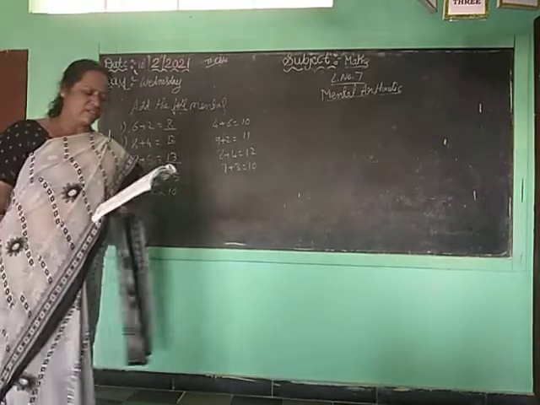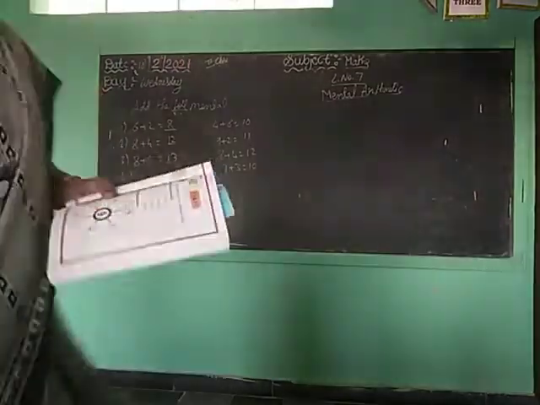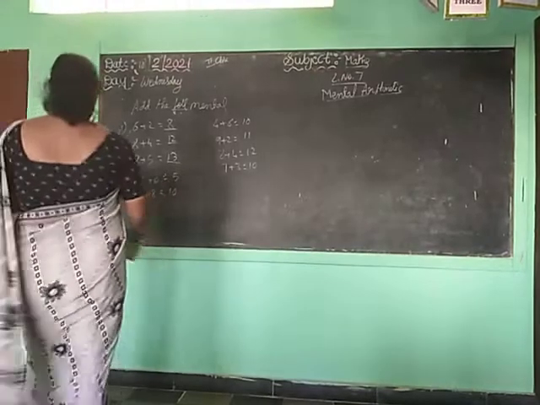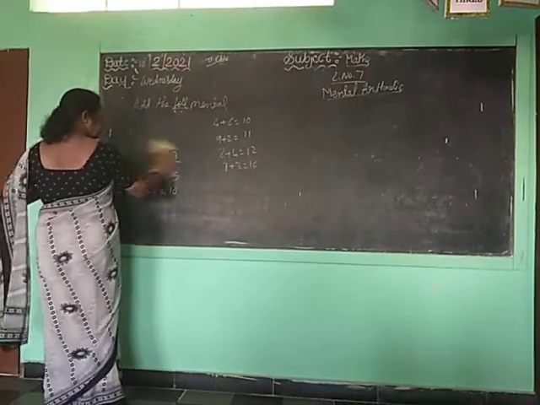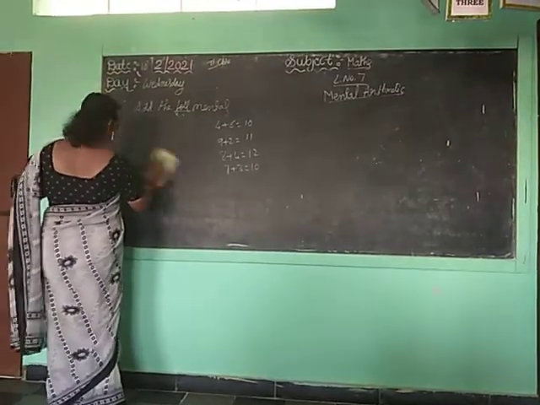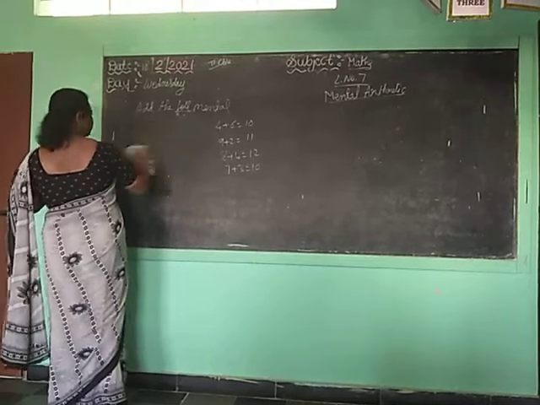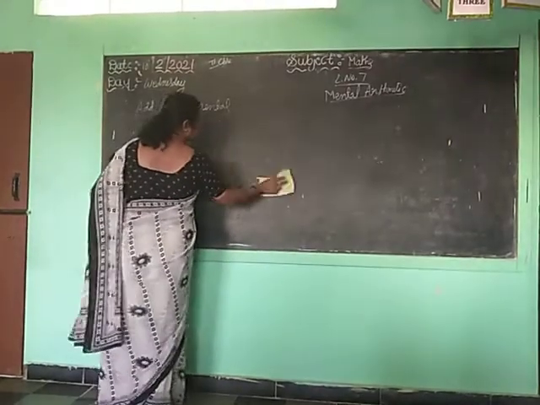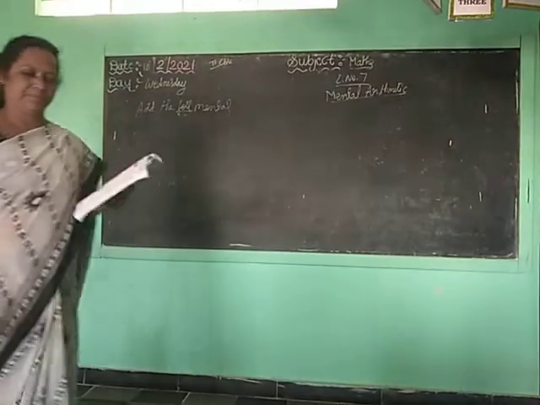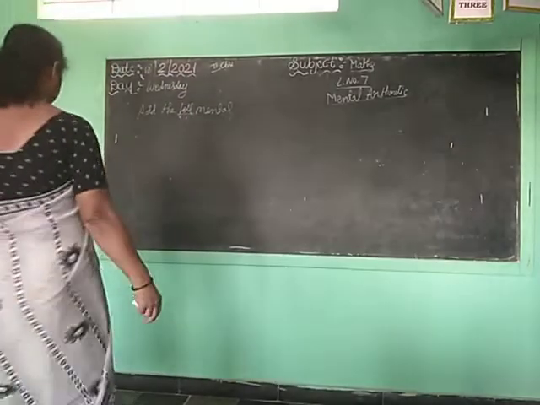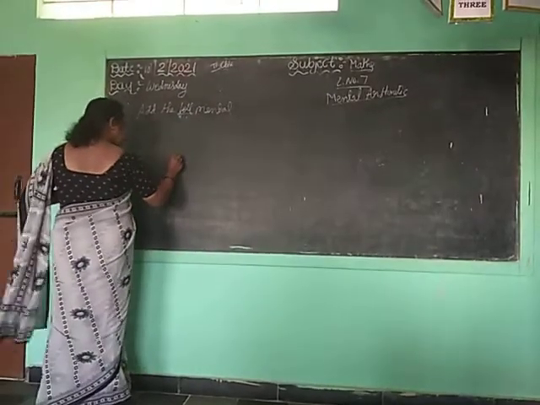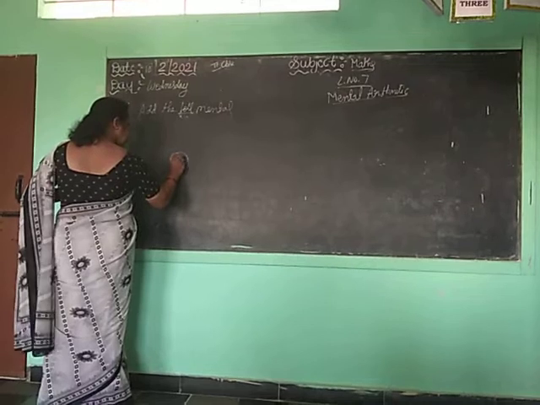Now, fill in the missing number. They are given in the circle. One number is given, another number you should add. See, in the circle they are given 9.